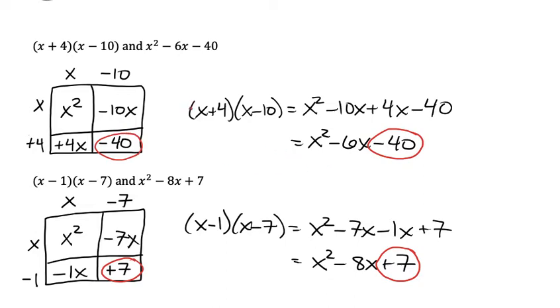So if we are multiplying two sets of parentheses, we get a constant term, or a number term, from multiplying the two numbers together. Or in other words, if we have the constant term, we know that the two numbers here must multiply to equal that. So negative 40, I know that these two numbers must multiply to negative 40. And positive 7, I know that these two numbers must multiply to positive 7.